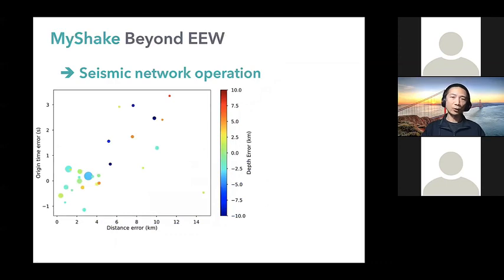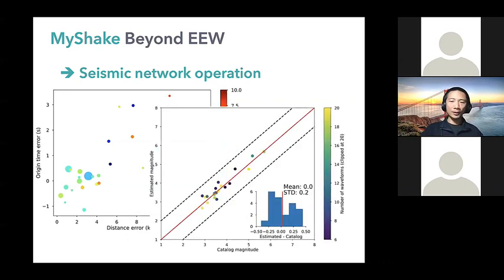We can also use the data recorded by smartphones for seismic network operations, for example determining the location, time, magnitude, and so on of earthquakes with the phone data, and we also get very nice results. This is all published before; if you are interested, I can point you to the papers.